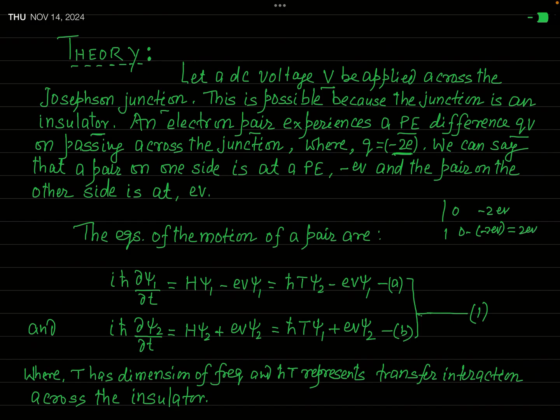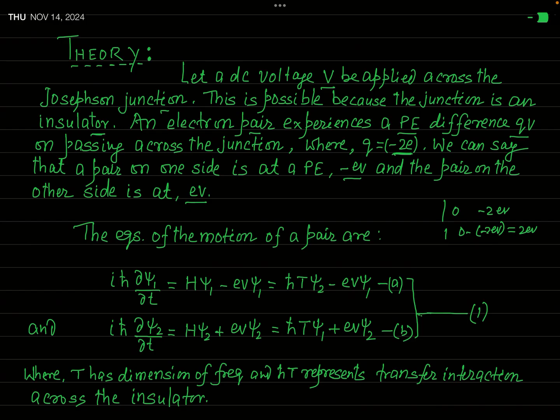Or in other words, you can also say that a pair on one side has a potential energy minus eV and the pair on the other side has eV. So the energy difference will be eV minus (minus eV), that is 2 eV.